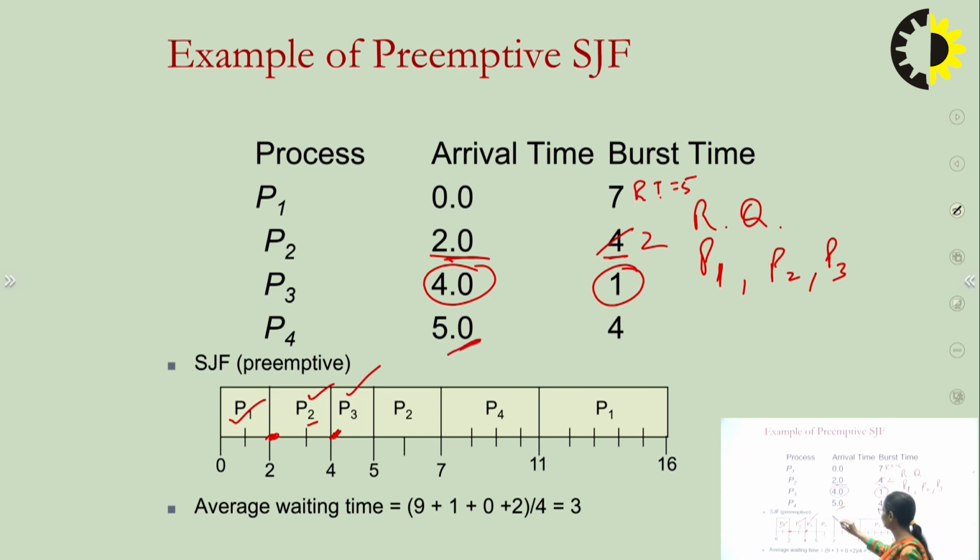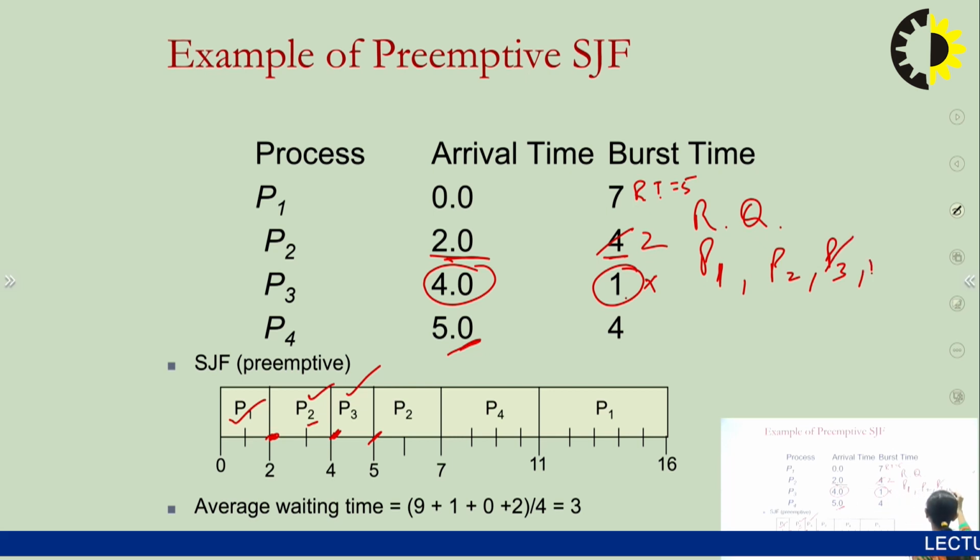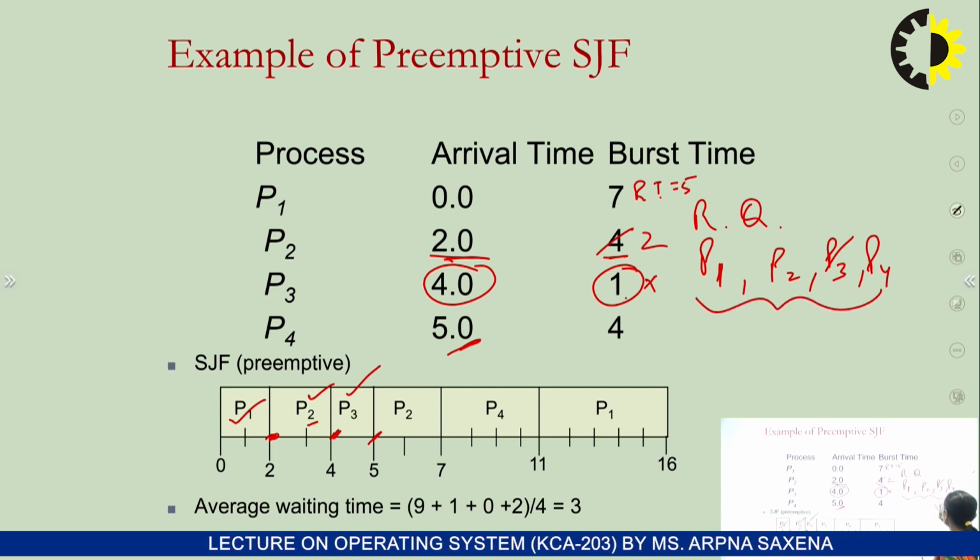P4 is coming at 5, but here P3 is also terminating from the system. So, what is happening here? At time 5, P3 is leaving the system, but a new process is coming in. So, now at 5 units, this is the picture of our ready queue.